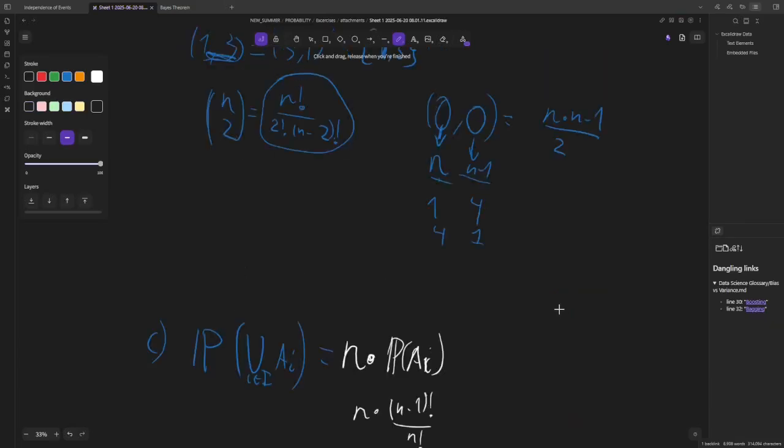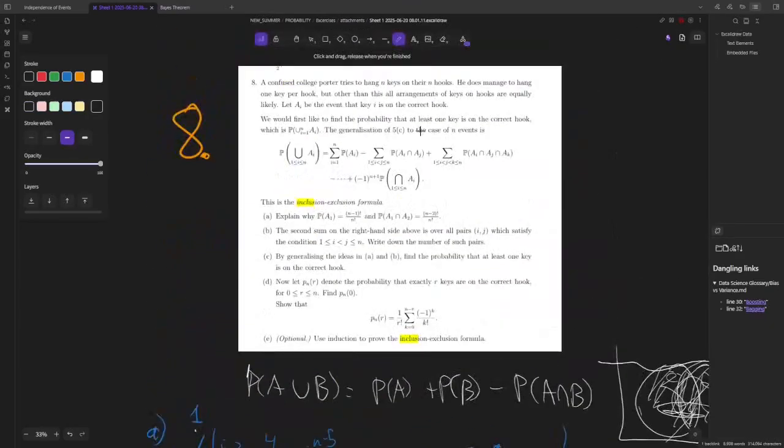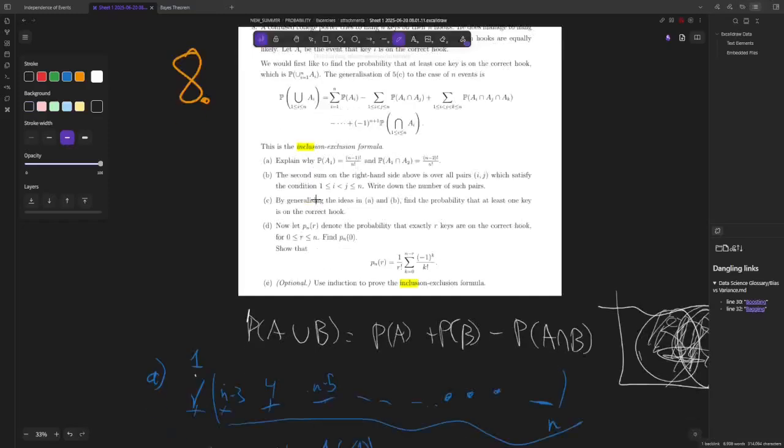Now, minus the number of pairs times the probability of a pair, because all of these have the same probability, since all arrangements are equally likely.